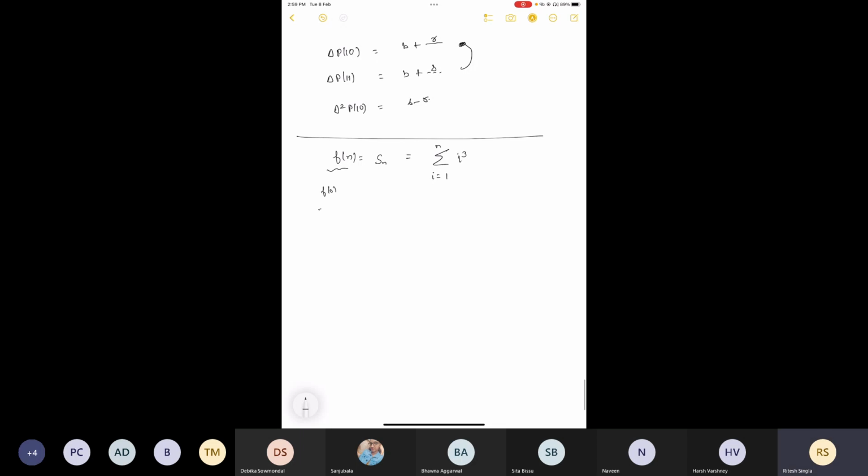You can get f0, f1, f2, f3, f4 and maybe f5. If you start with these, you will get that the gradient f, Laplacian 5 f of 0 is 0.